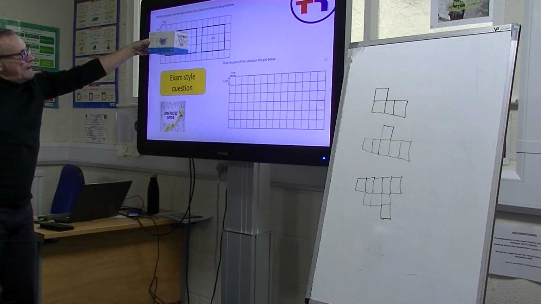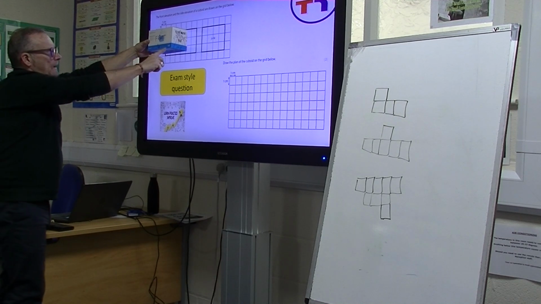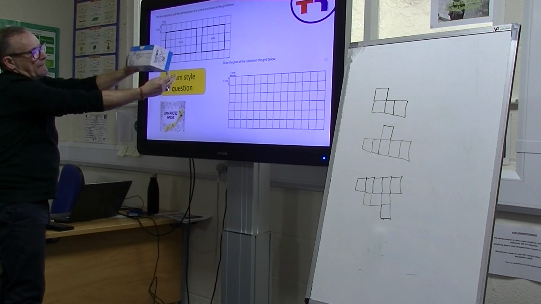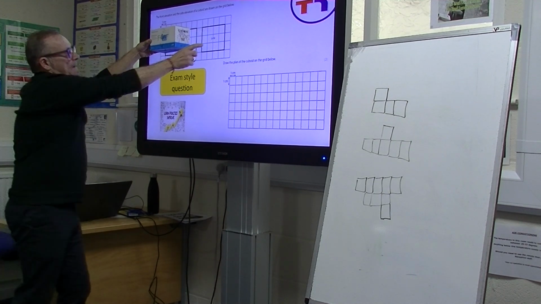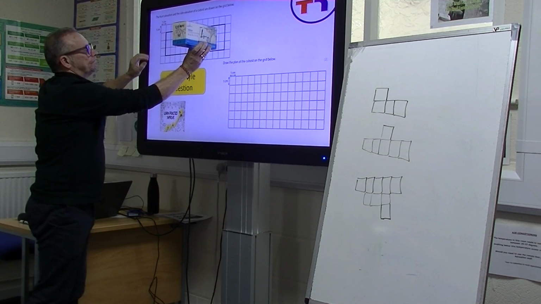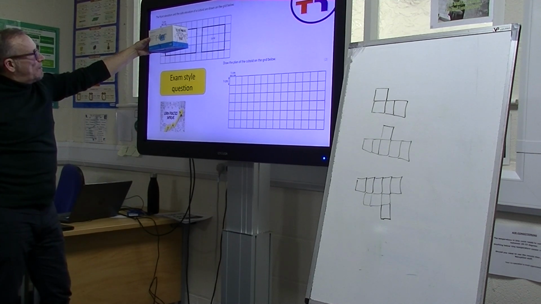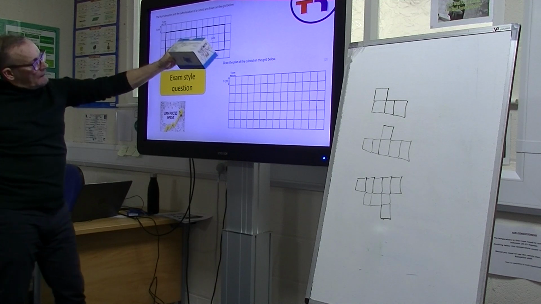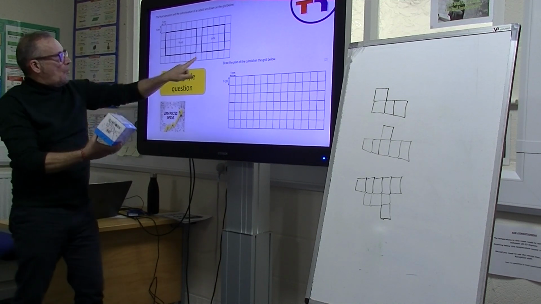So basically what we're going to do, we're going to pick up this box, because we can see how long it is, and even when we look at the plan, we can still see how long it is. And there's the side. So when I do this, to make this into a plan, I can see how long it is, and I can see how wide it is.